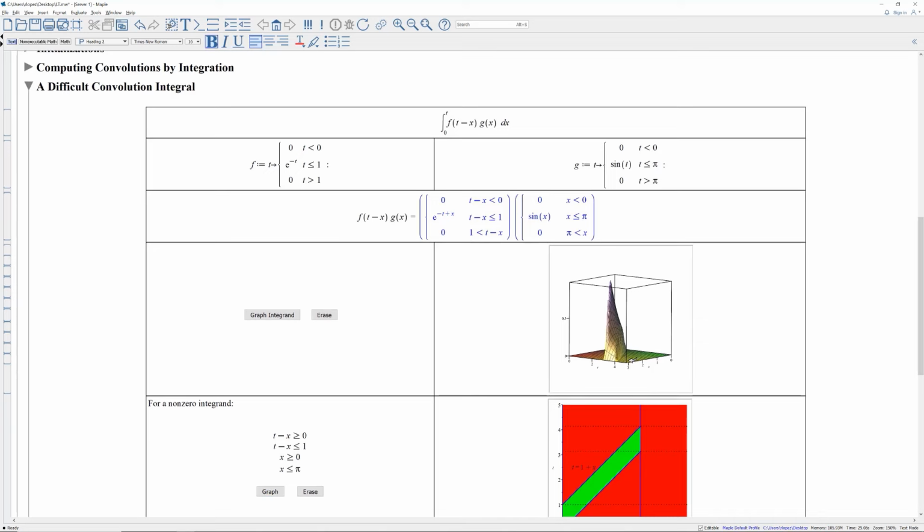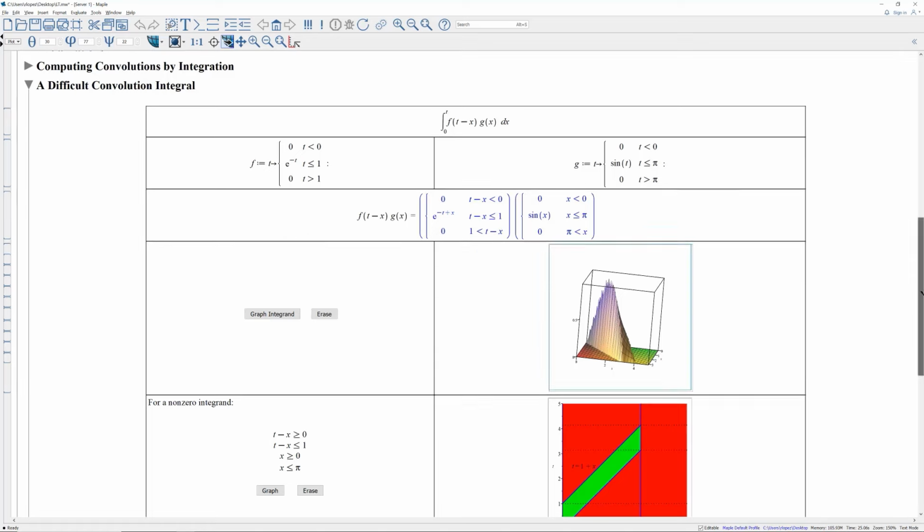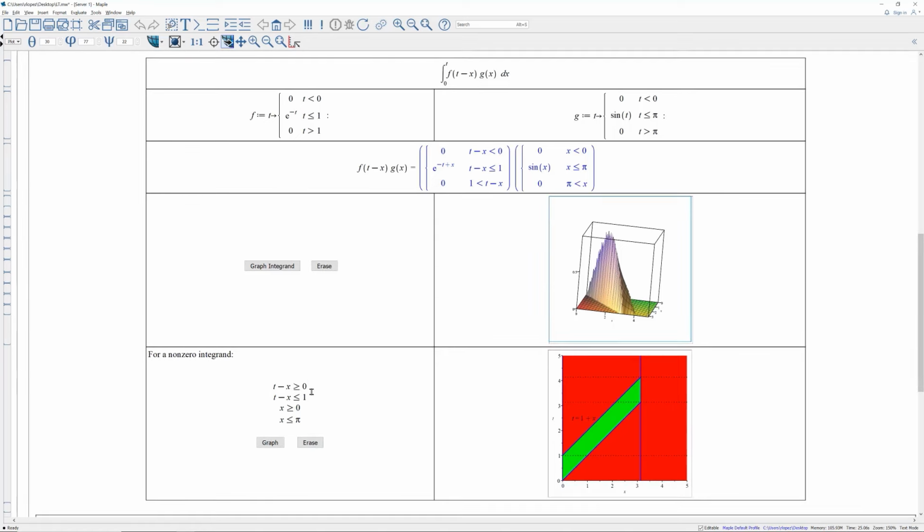And if you want a picture of it, you can do a 3D plot of this integrand. It appears to be non-zero over a parallelogram. And if you do a graph of these inequalities, you see that you have this parallelogram here.